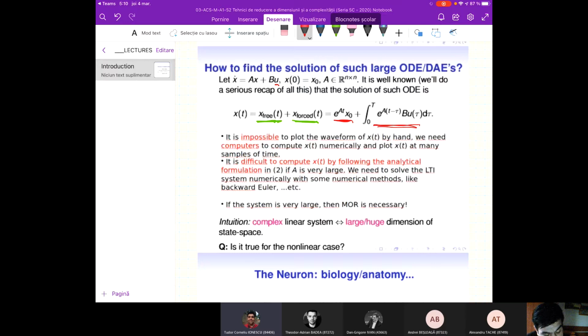Okay, so we need to solve this linear time invariant system. This ODE gives us a linear time invariant system that we solve numerically using numerical methods.